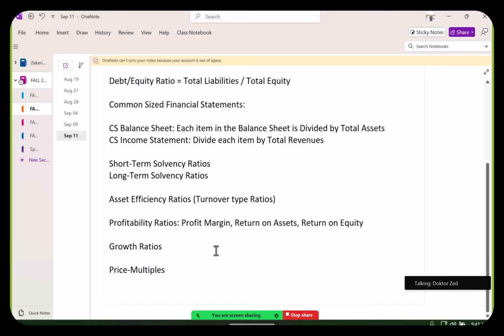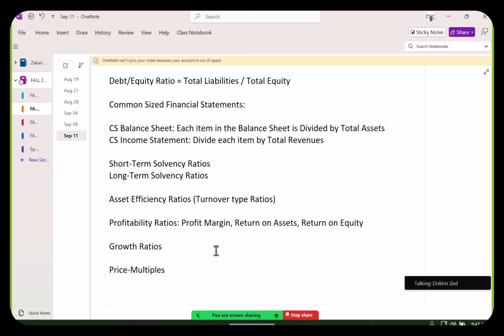Growth ratios. We're going to look at two of them, the internal growth rate and sustainable growth rate. Internal growth rate basically says if nothing about the nature of your company changes in terms of your asset efficiency and profitability, what is the maximum amount of growth you could have using only internal resources without borrowing any more money or issuing new equity?